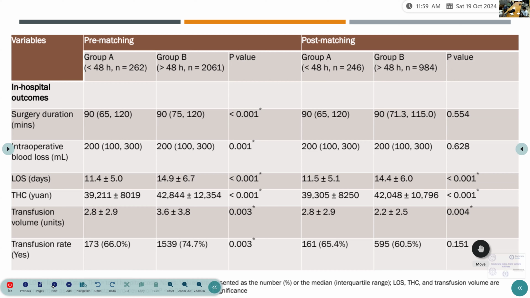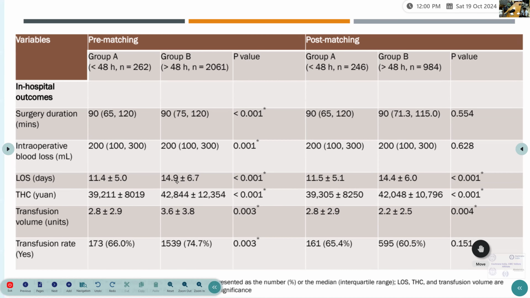Other things that were found to be different were transfusion and the length of stay. Length of stay was 11.5 days median and 14.9 days for group B. So early surgery had a shorter duration of hospital stay and delayed surgery had a longer duration of hospital stay. Even after adjustment, this remains similar: 11.5 and 14.4.